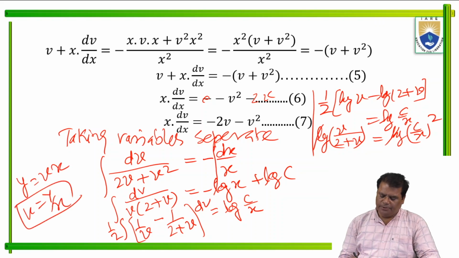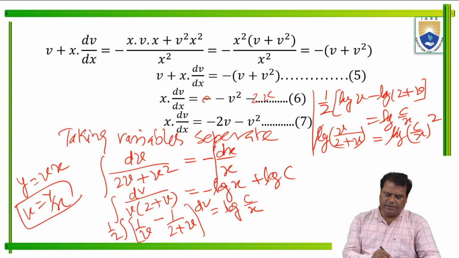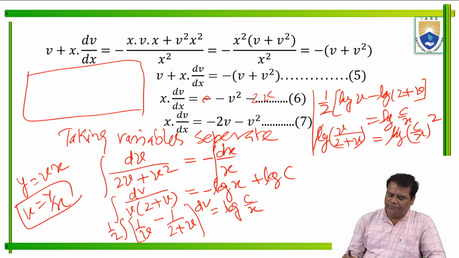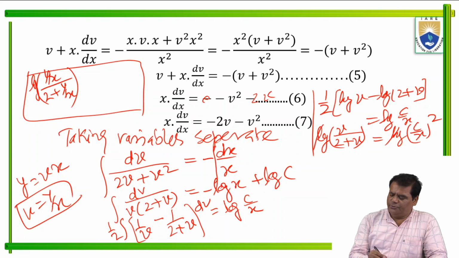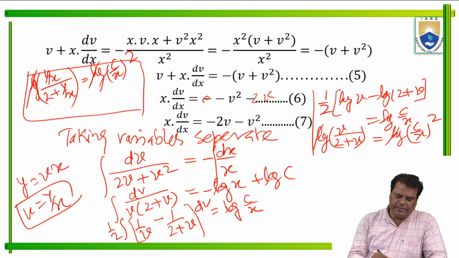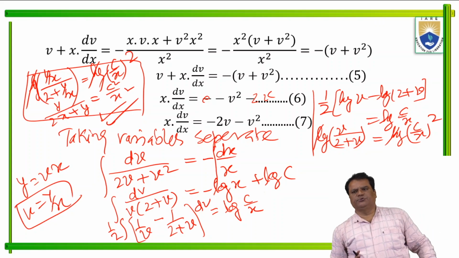Putting this value, so here the answer is log of y upon x upon 2 plus y upon x equal to log of c upon x whole square. Log cancels out. So y upon 2x plus y equal to c square upon x square. So this is the answer. This is the complete answer of this question.